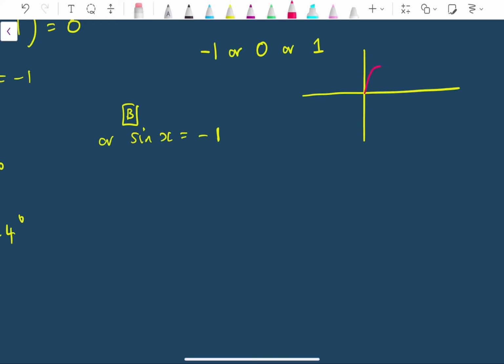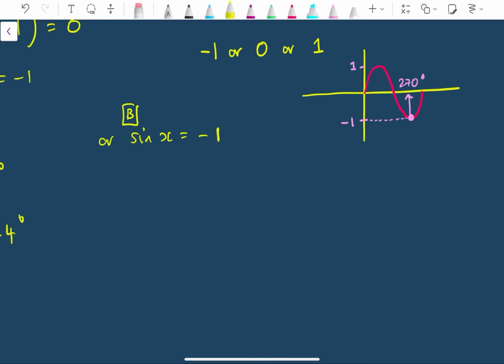The graph of sine x looks like this, and I have -1 there and +1 there, which means in this instance there's only one solution to that, and that's 270 degrees. So straight away I know the answer to sine x equals -1 is 270.